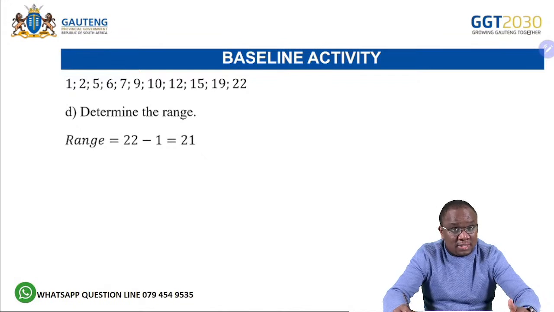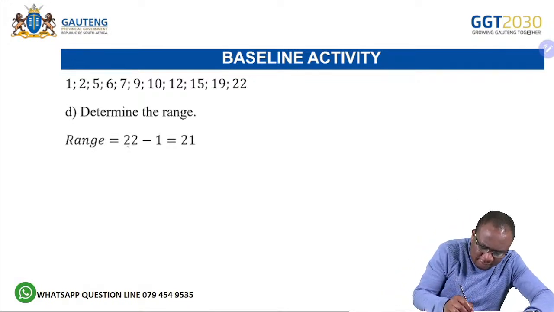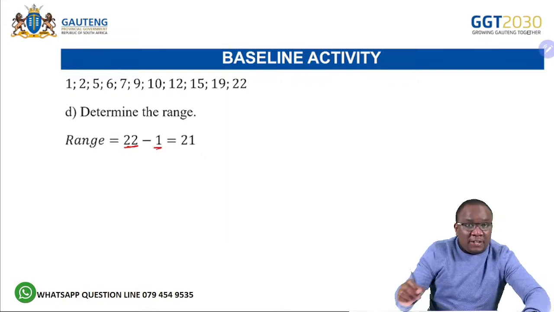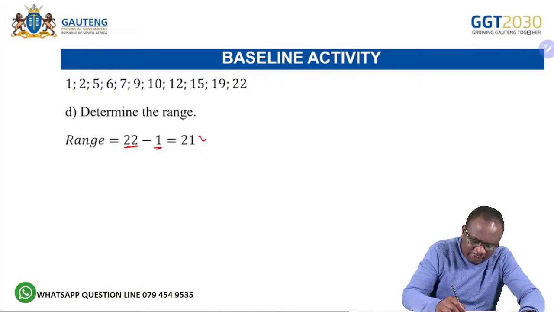Don't confuse them. In the 5-number summary, we have the minimum value, the maximum value, and the median, not the range. But we were asked to find the range here, so it is the maximum value minus the minimum value, so the range is 21. Mark that.